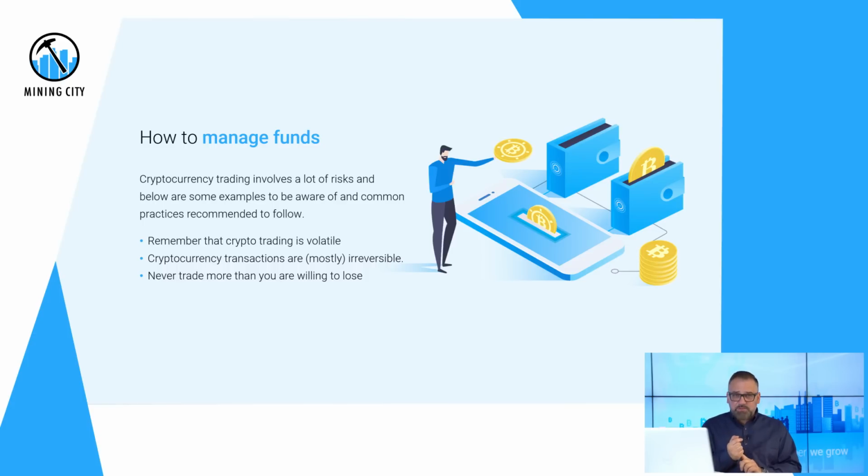The second important thing is that cryptocurrency transactions, apart from Bitcoin Vault, are irreversible. And the third thing that you must remember is that you may lose what you have invested. As a rule of thumb, do not use money you cannot afford to lose.